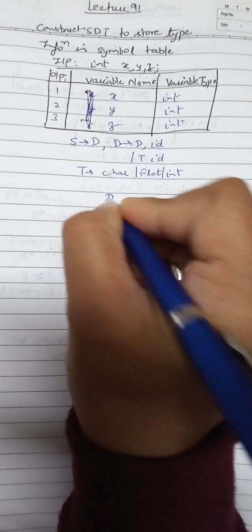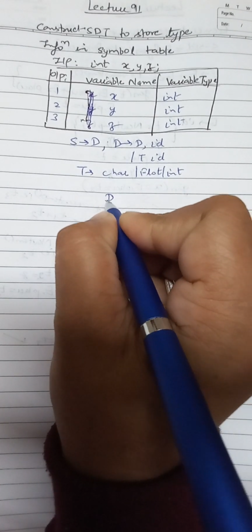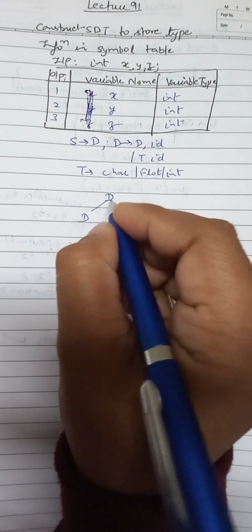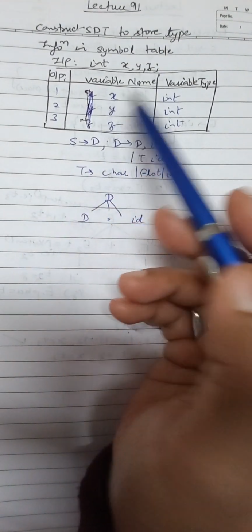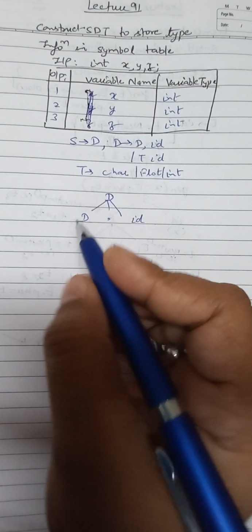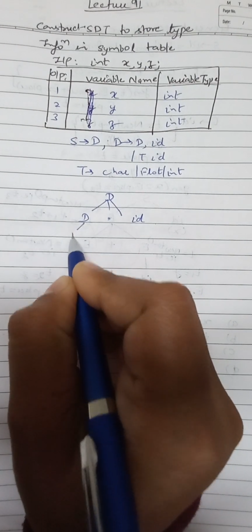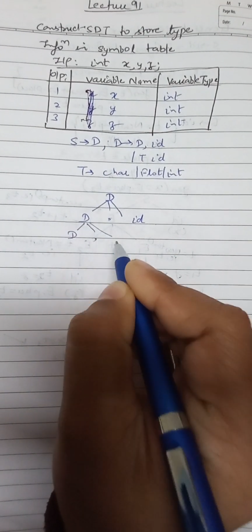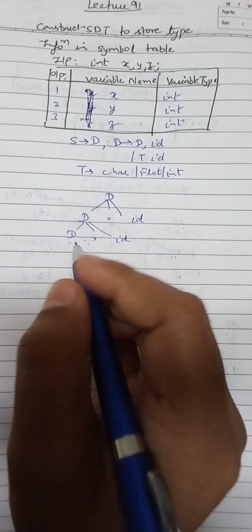So D tends to D, ID. So you'll write D, ID. Again D, ID. D tends to, so you'll write D, ID.